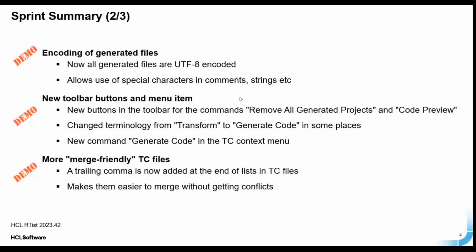Also, when you check the differences using the textual differences, the differences will be less because of the same look of all elements in the list file. So now all elements in the list file contain a comma at the end.